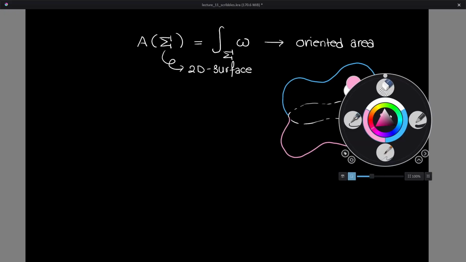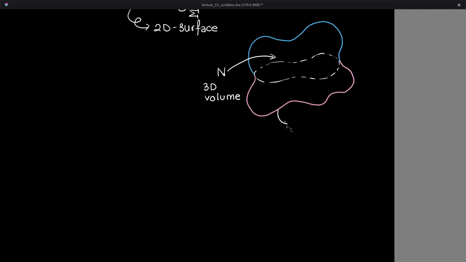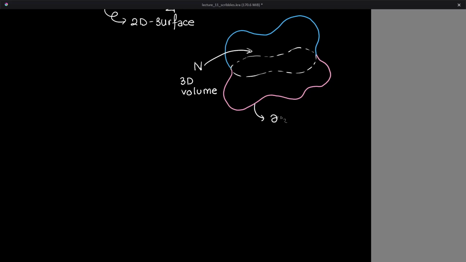So let's call this a blue plus pink surface. We'll call the interior of it N, which is a 3D volume. And we'll call the blue plus pink surface partial N, or the boundary of N, right?